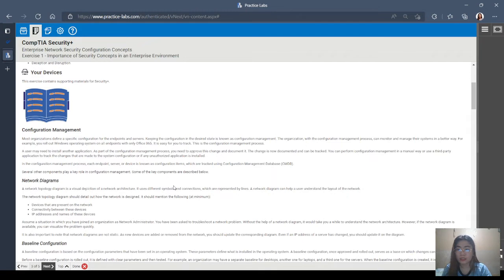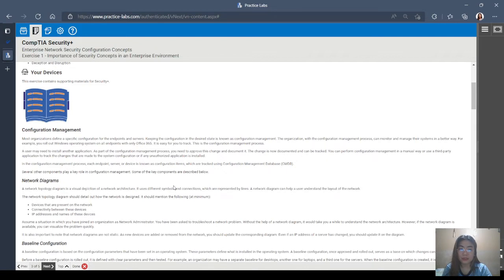A user may need to install another application as a part of the configuration management process. You need to approve this change and document it. The change is now documented and can be tracked.